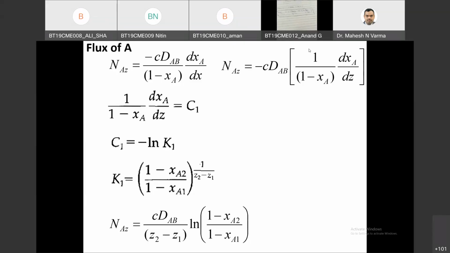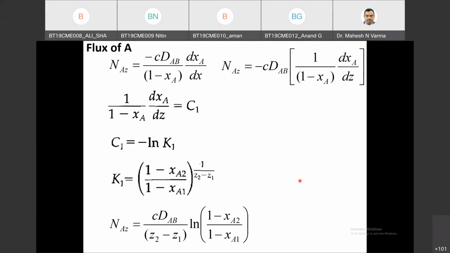I'm not able to see your video. Okay, did you get the flux profile? Yes, sir. Everybody who got the flux profile can write in the chat box.